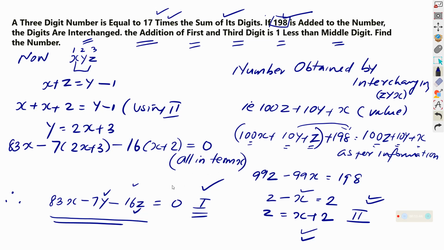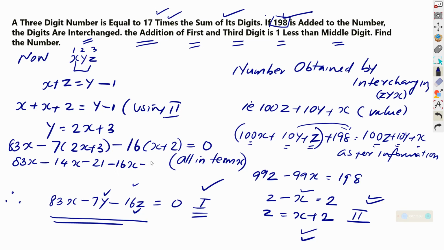So let us solve it. 83x, and that will become 14x and 21, then 16x minus 16 into 2, 32.